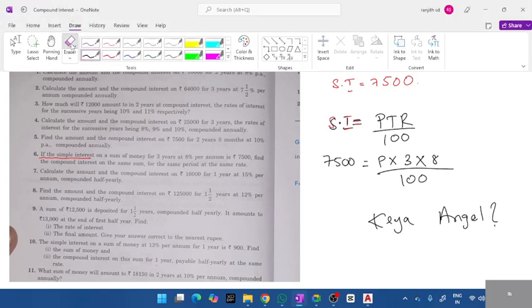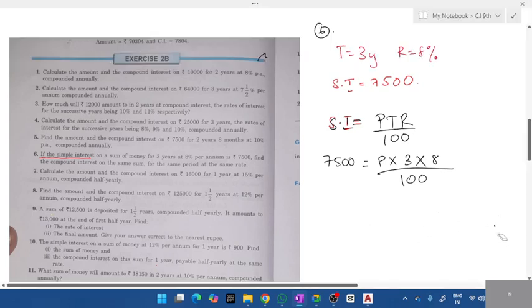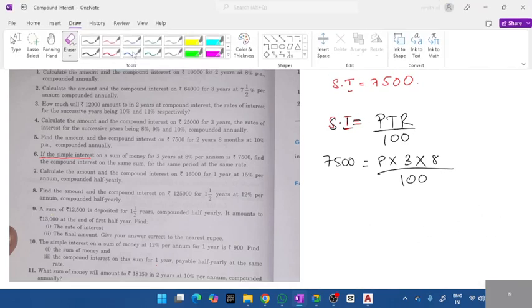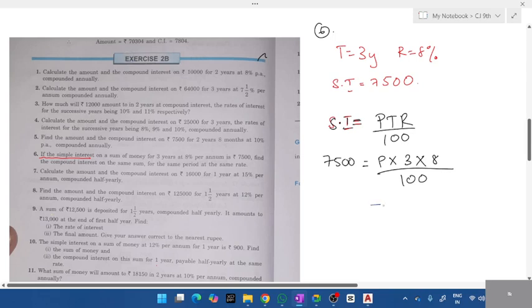Yeah, solve this. Find the value of principal. All of you calculate and tell me the value, students.